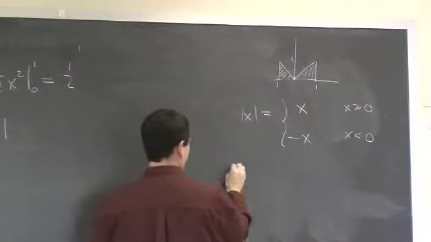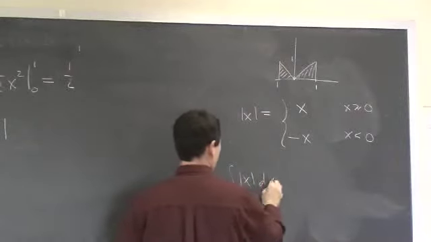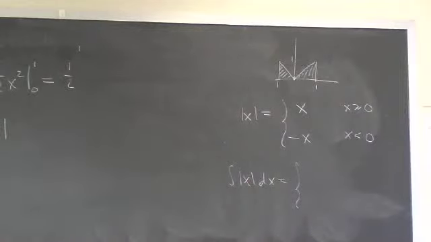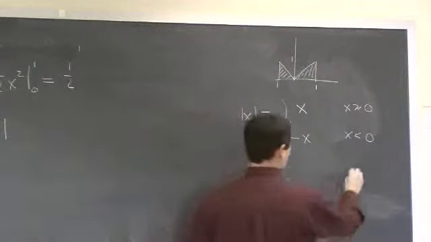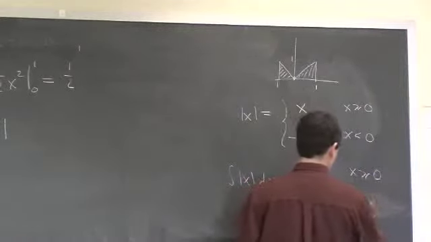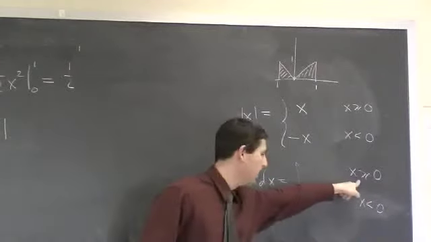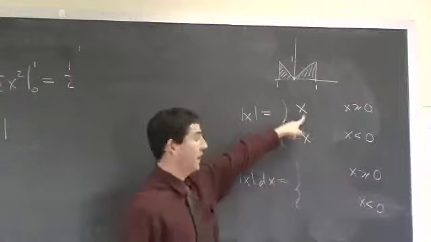Okay. So if we want to integrate this, it's not surprising that we should get a piecewise defined antiderivative. When x is greater than or equal to 0, or when x is less than 0. So when x is greater than or equal to 0, the antiderivative is just the antiderivative of x.